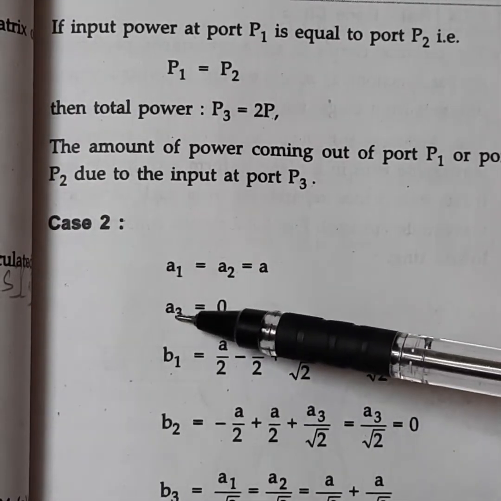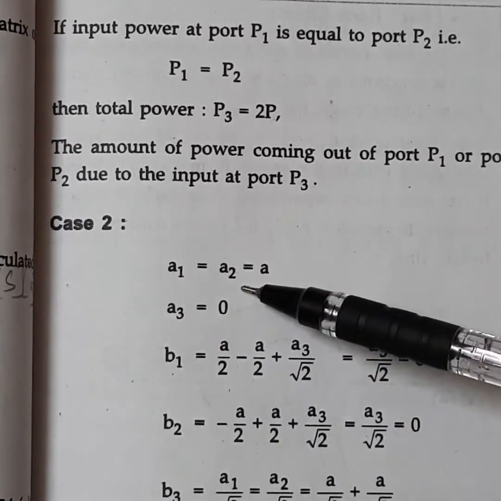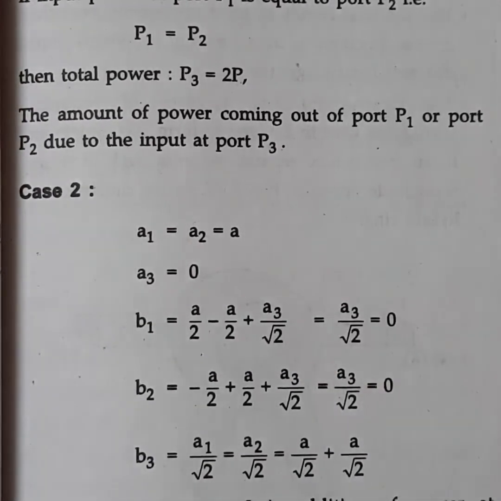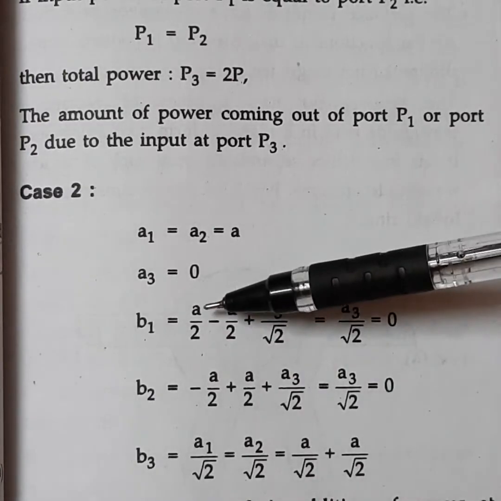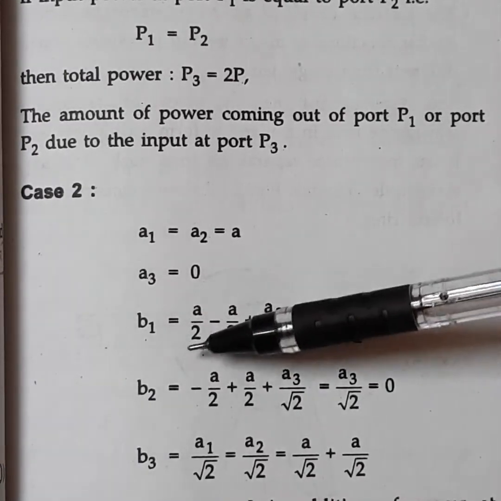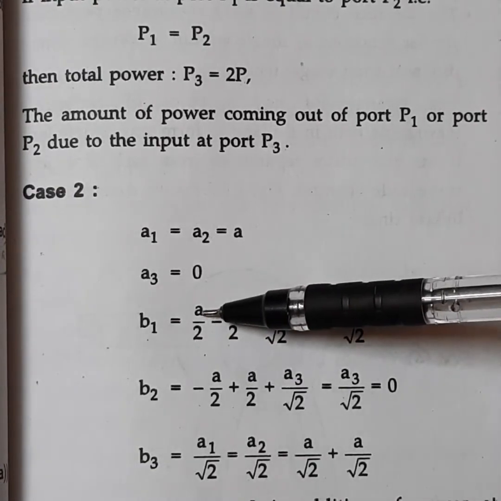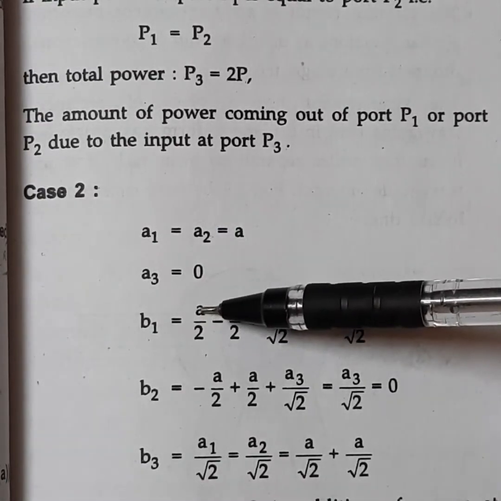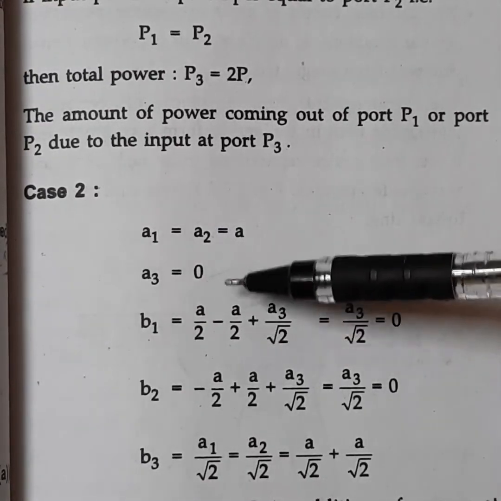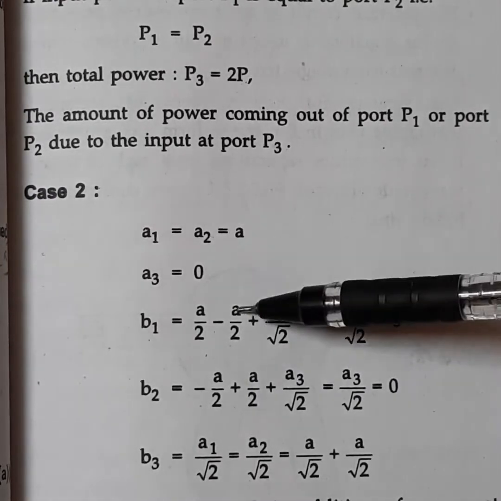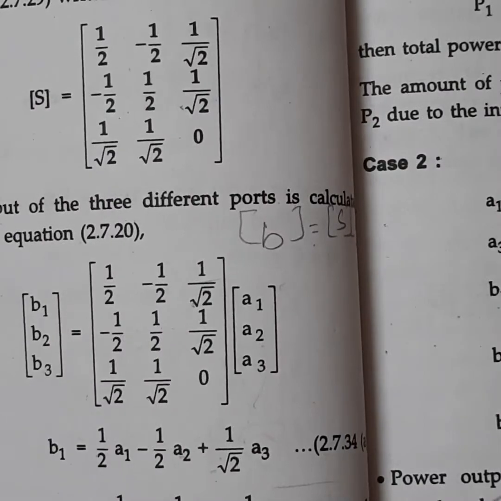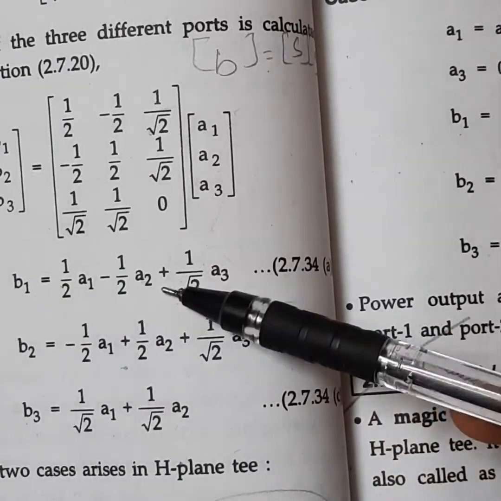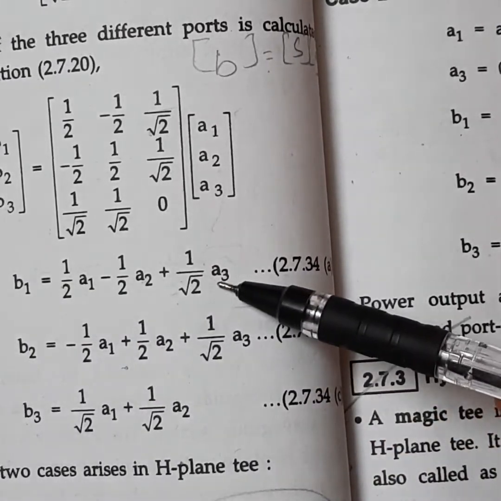Here we are considering A3 as 0, and A1 and A2 are equal to A. Therefore, the equations we get: B1 is equal to half A1, which is A by 2, as A1 is A, minus half A2, and A2 is also A, this is A by 2. According to these three equations we are writing, A1 and A2 are equal to A and A3 is equal to 0.